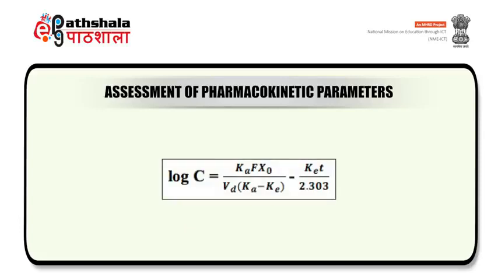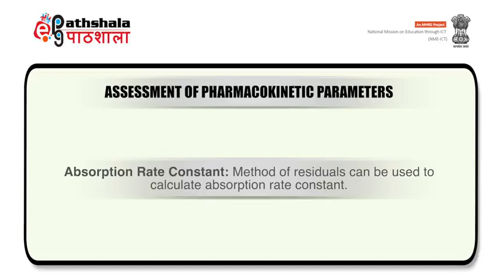Transforming this equation into a log form, you get log C versus T gives a slope which is equal to Ke by 2.303, and the intercept gives a multi-term which can be resolved later on by graphical methods. Now in order to interpret this complex term and in order to calculate or resolve absorption rate constant Ka, the method of residual can be used.